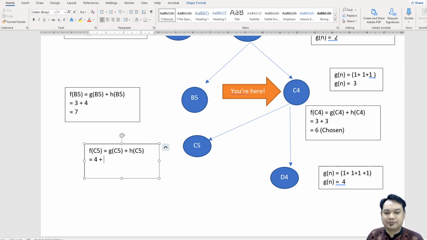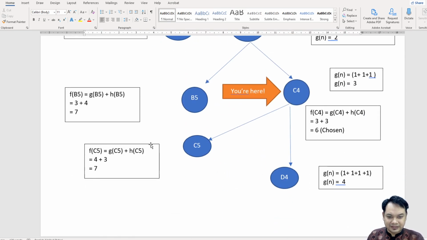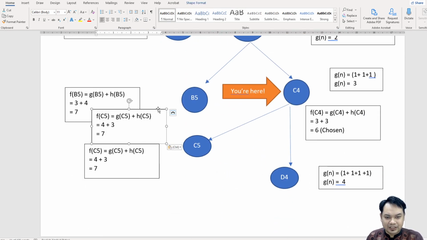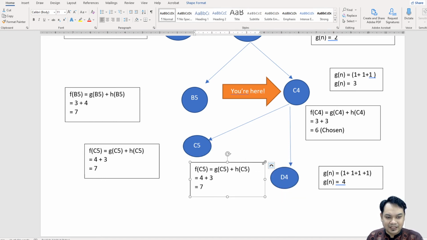GC5 is 4. Plus HC4 would be 3. So you get 7. Okay, another 7. Next, another potential node would be D4.